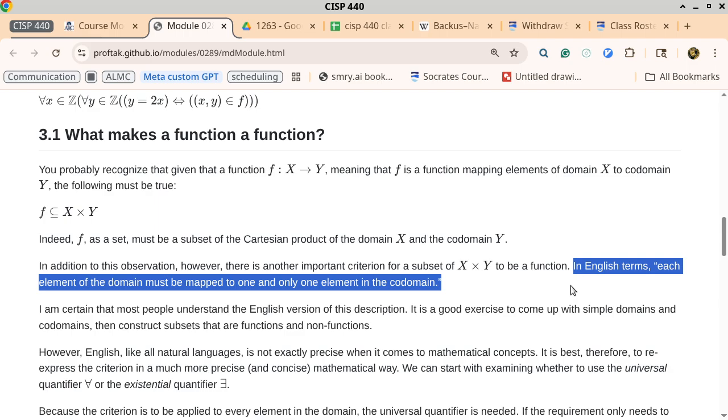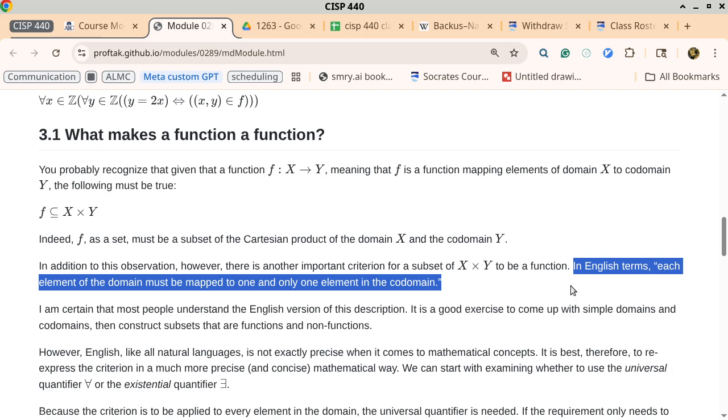We'll write 1B, 2A, and 1A. So we have three elements in this F as a set, and they are respectively 1B, 2A, and 1A.